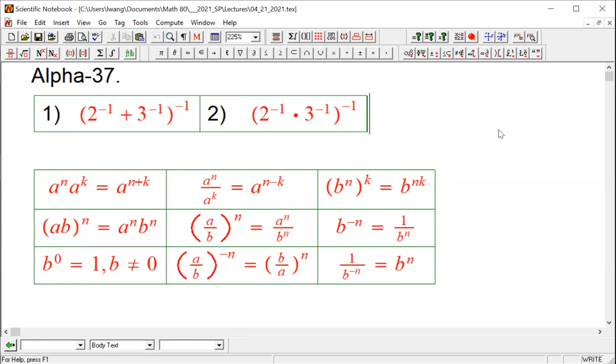Not number 1, for sure. Because number 1, you have those exponents, but it's adding. You don't have adding or subtracting when base and exponents are considered. You cannot apply any one of these properties except this one, and that one we can apply. Do you follow me?